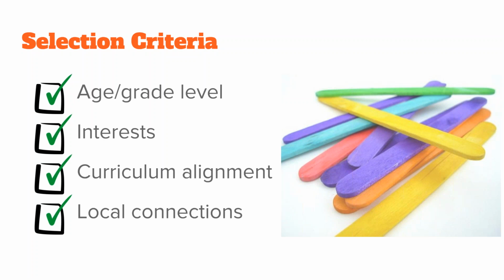A lot of sites are sortable and filterable by age or grade level, so that's really helpful. But also don't limit yourself. In some cases, putting in an age or a grade level in your selection criteria can have the opposite effect, and be more limiting than you want it to be.